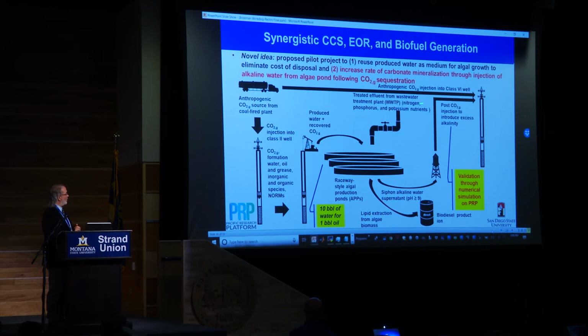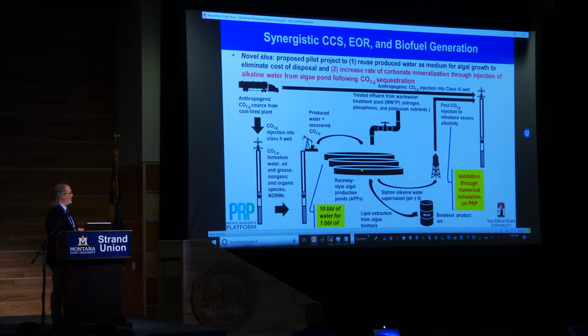We can also take wastewater from sewage, which is high in nitrogen and phosphorus that algae need, and divert that into the pool, so that's something useful. Now, what's very cool about this process is through photosynthesis, the top layers of the water will increase in alkalinity, so the pH will increase.